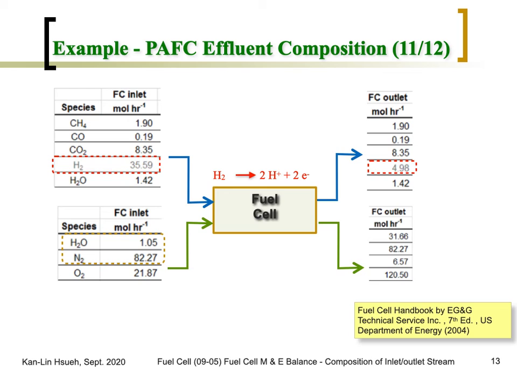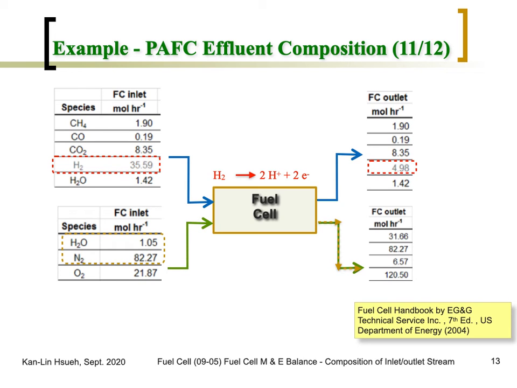On the air side, water is not generated inside the fuel cell as a reactant, but since it is generated from the oxygen reduction reaction, its number will increase flowing through the fuel cell.